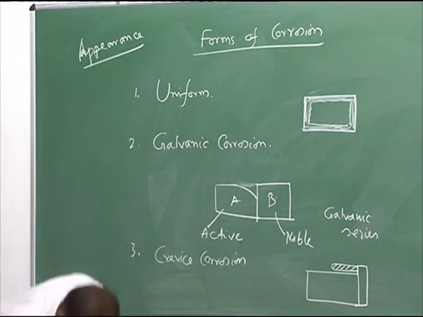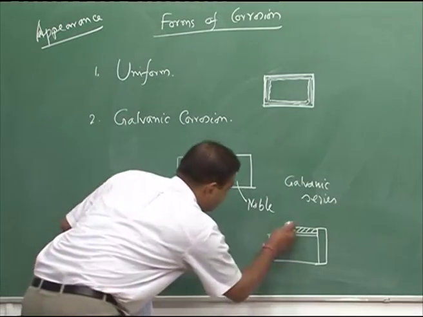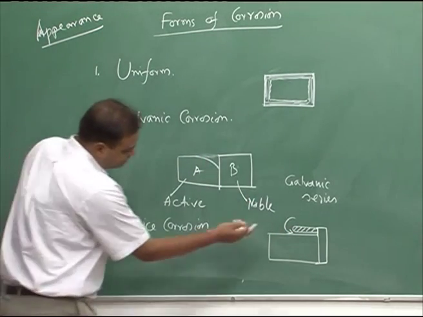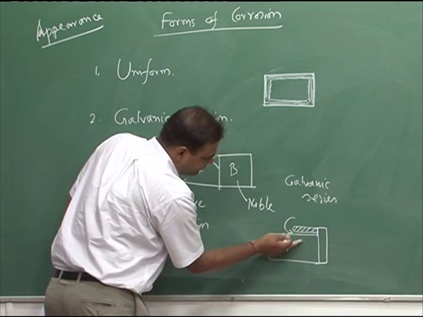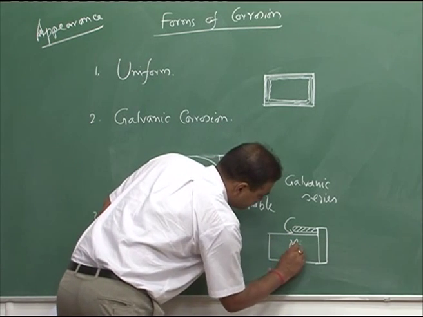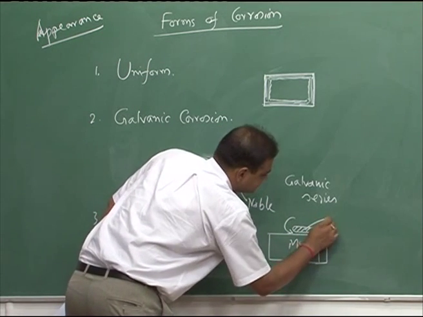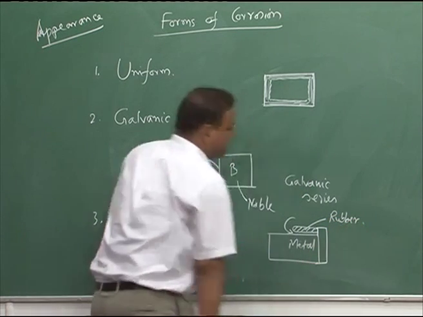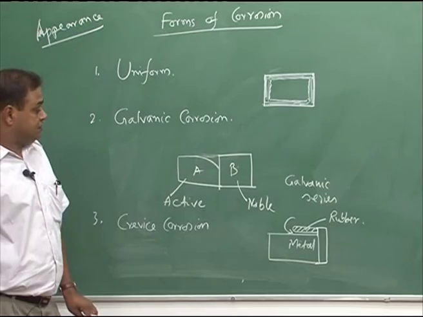Now, we see that there is a crevice between this non-metallic object and the metallic object. This is metal, and this is a rubber gasket.